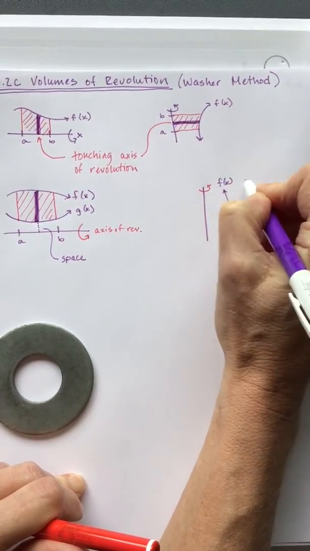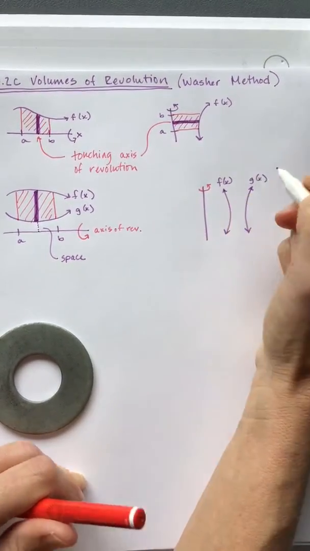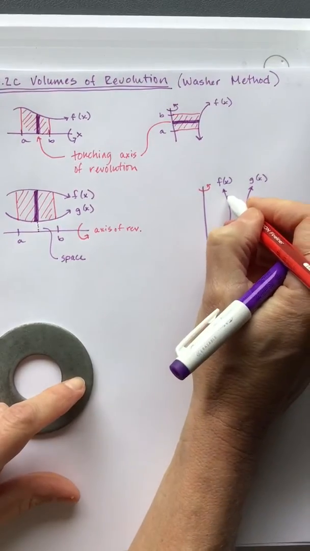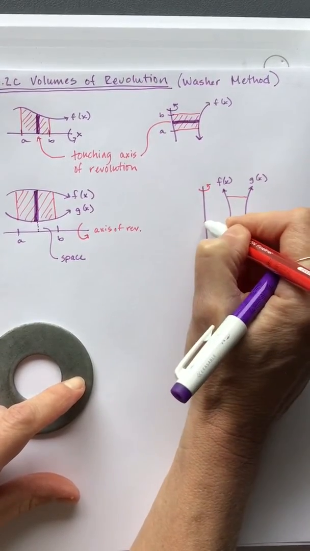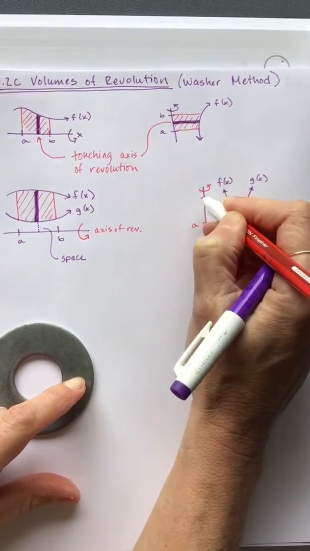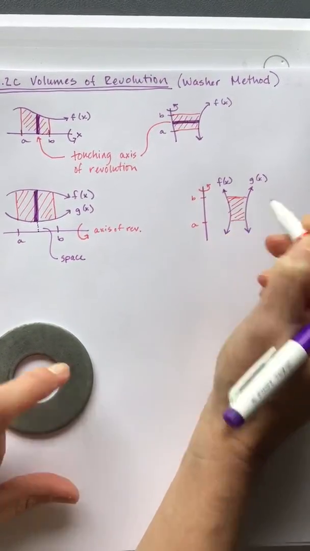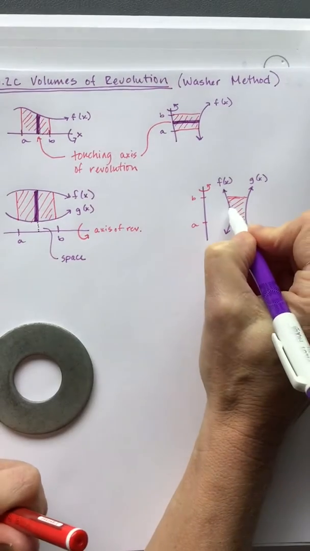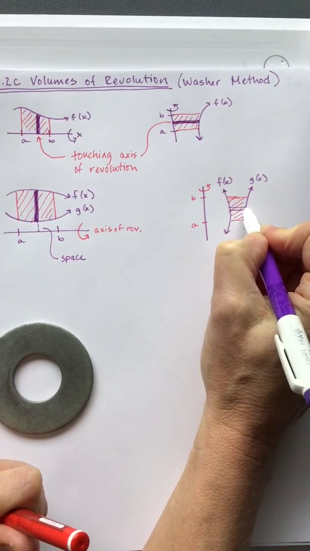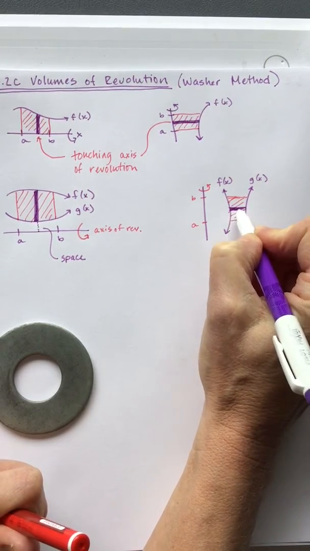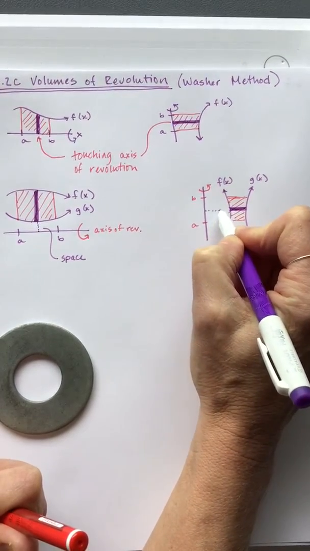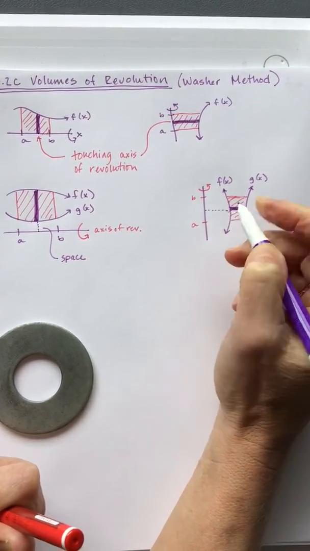So you've got f of x and g of x, say, and we're taking an area from A to B and we're revolving it. And we've got our slice here, but our slice has a space in between, right?